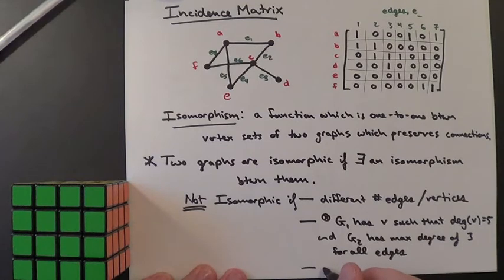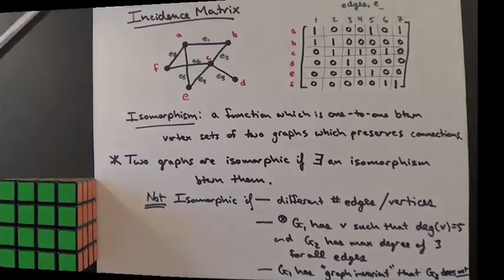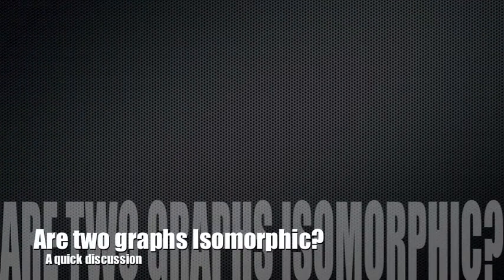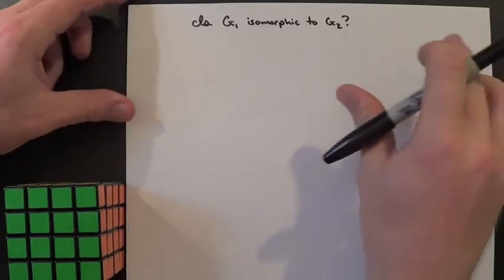In general, again, that's showing that G1 has a graph invariant property that G2 does not. I apologize, I'm running out of space. I'm not going to go into too much detail as I do in the book.